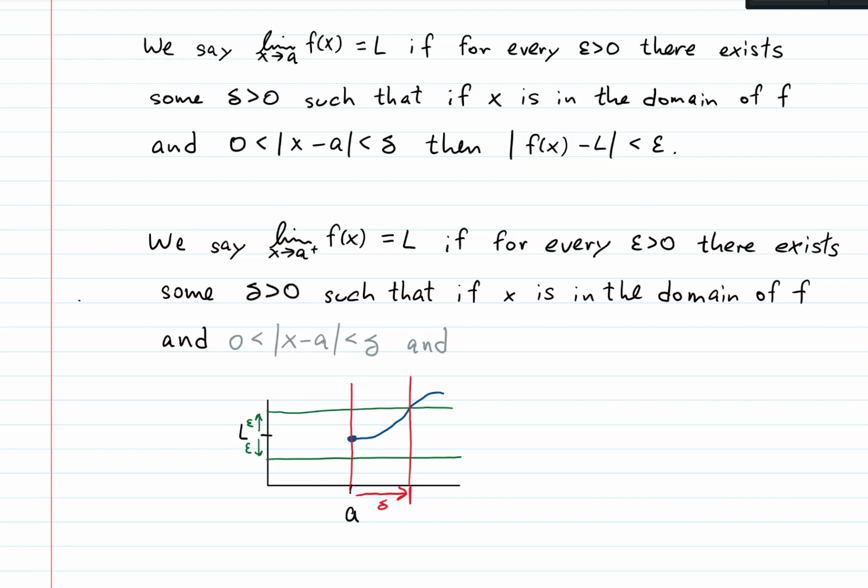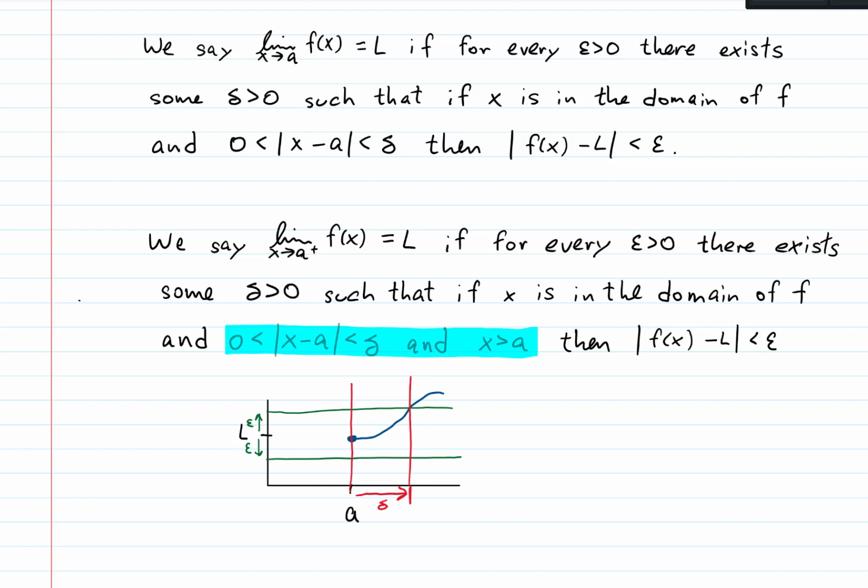How do I say that? I say x is greater than a. Then the distance between f of x and L will be less than epsilon. Okay? I want to investigate this phrase right here.